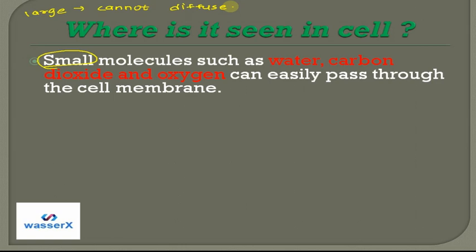Why? Because that particular hole is very small. So only small molecules will be able to diffuse inside the cell. Now, which small molecules in the cell show this kind of diffusion? That is water, carbon dioxide and oxygen. They can easily pass through the cell membrane. So for water, that is H2O, carbon dioxide, that is CO2, and O2, there occurs the process of diffusion.